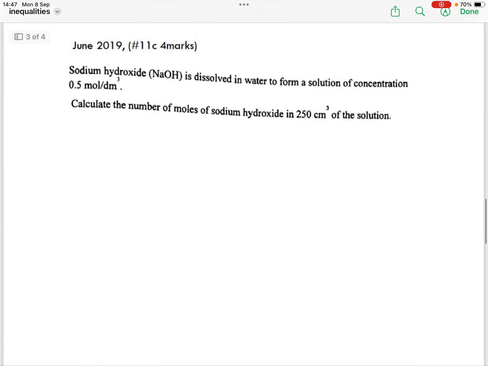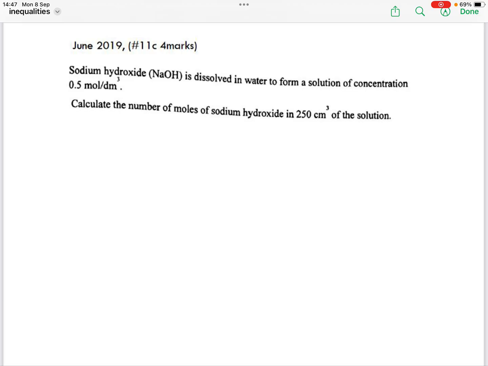So we can now proceed to our last question today. So this was in June 2019. It was on number 11C, carrying 4 marks. We are given that the sodium hydroxide is dissolved in water to form a solution of concentration 0.5 moles per cubic decimeter.